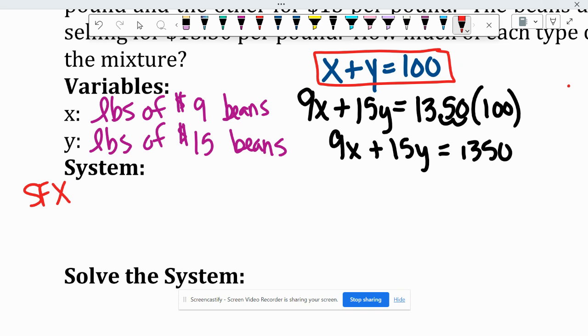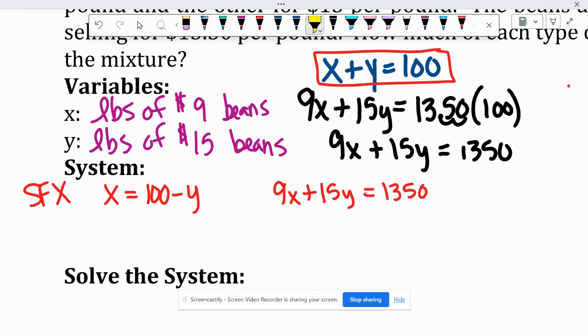If I subtract Y from both sides, I have X equals 100 minus Y. Does everybody see what I did there? I just subtracted Y from both sides. I'm going to take my second equation, 9X plus 15Y equals 1,350, and plug in this expression for X. I'm going to substitute that in.